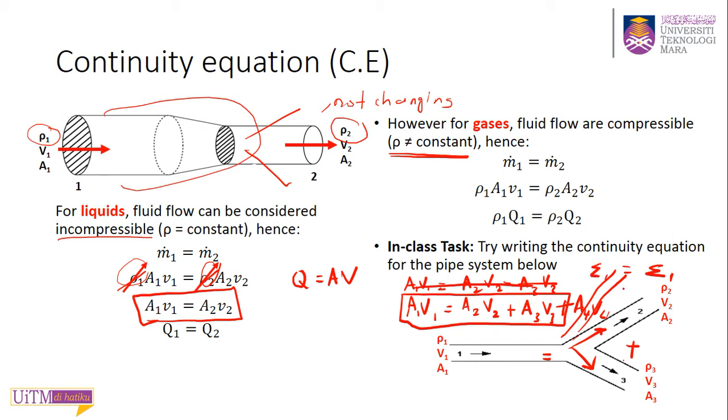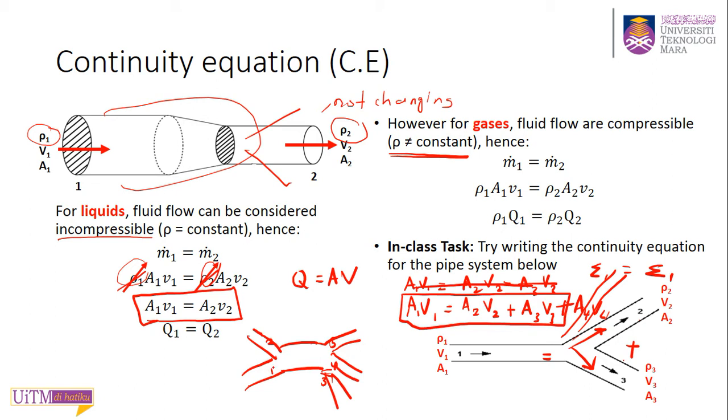I give you another example. If you have it like this, so this is the outlet. There are 3 outlets and 2 inlets. How can you write that? Let's say this is 1, 2, 3, 4, 5.